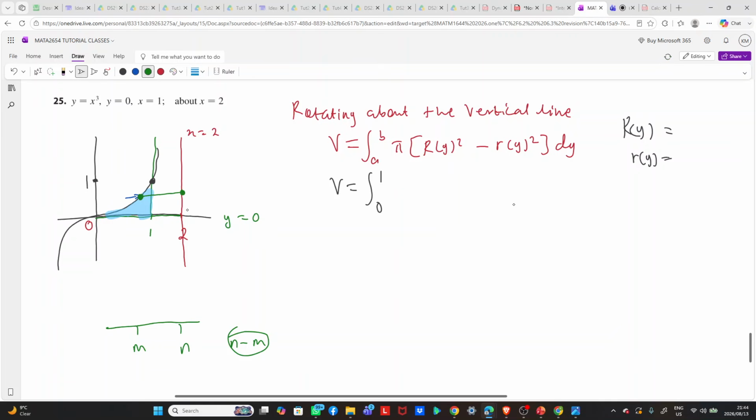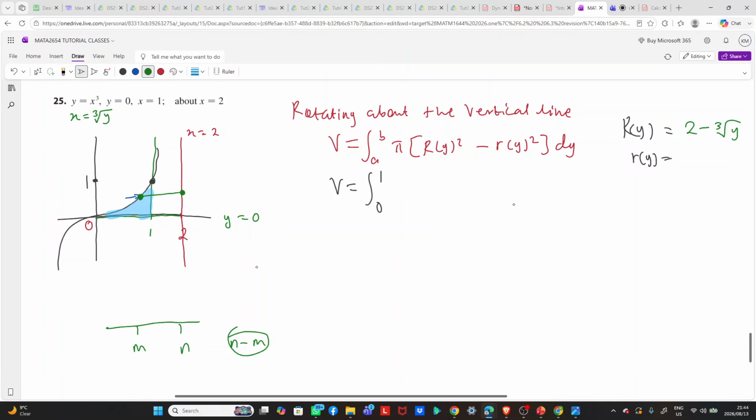So your n is 2. So this is going to be 2 minus x, no, not x cubed. We need to first rewrite this guy. If we rewrite that in terms of y, we make y the subject of the formula, we get that x is the cube root of y. So we'll have 2 minus the cube root of y, or y raised to the power 1/3.